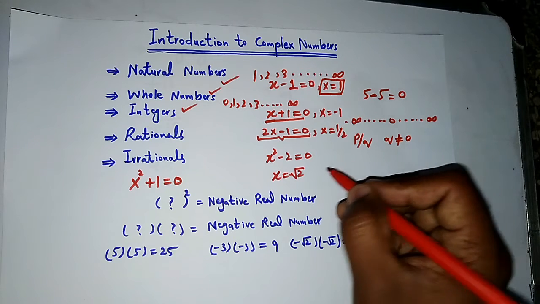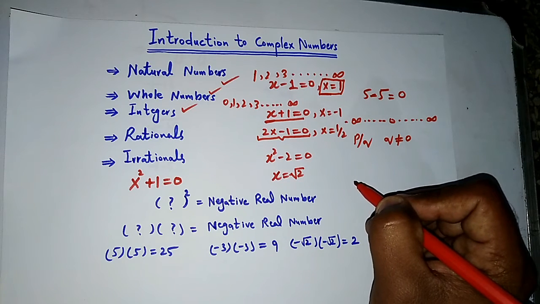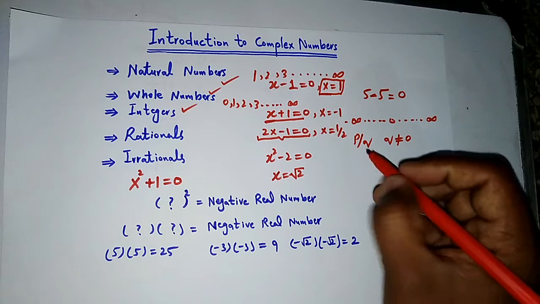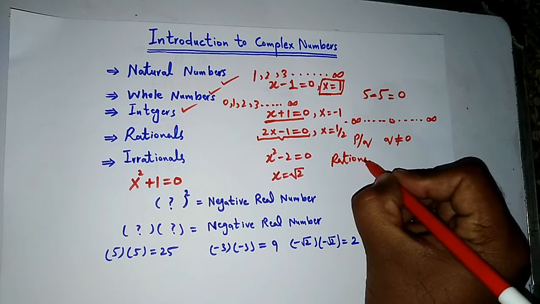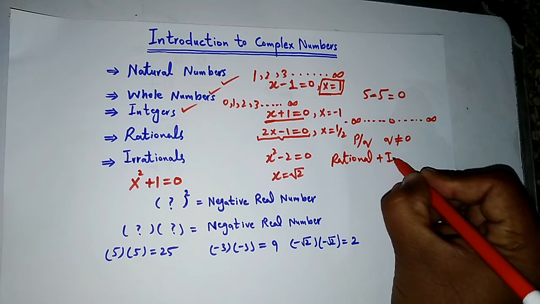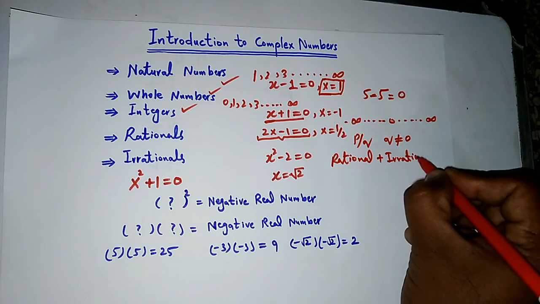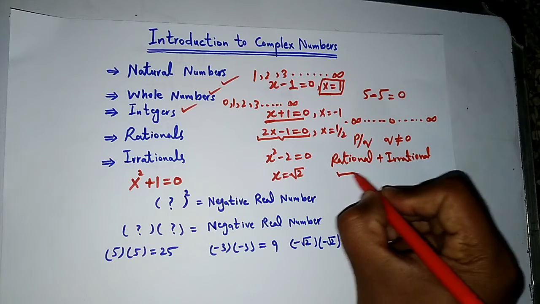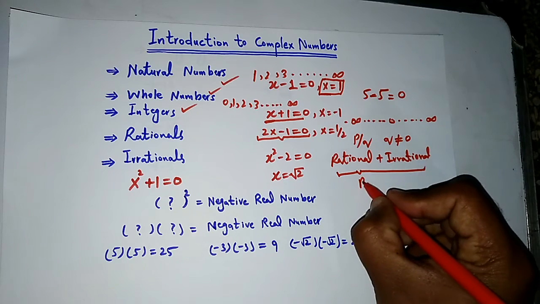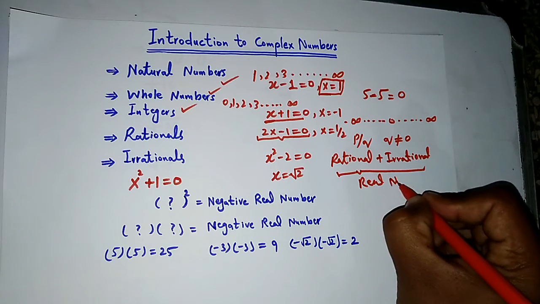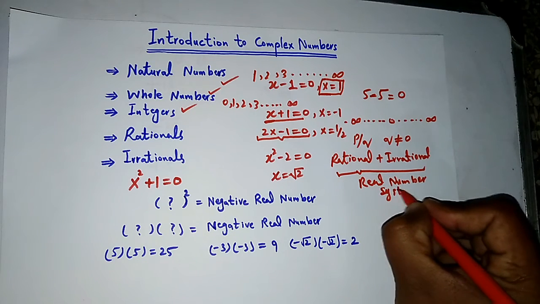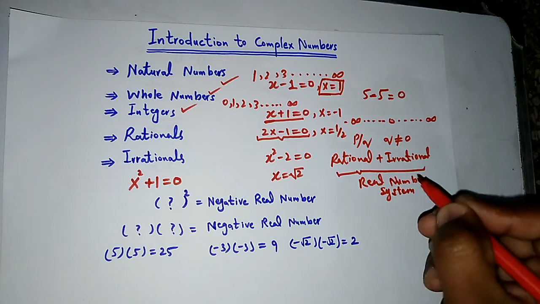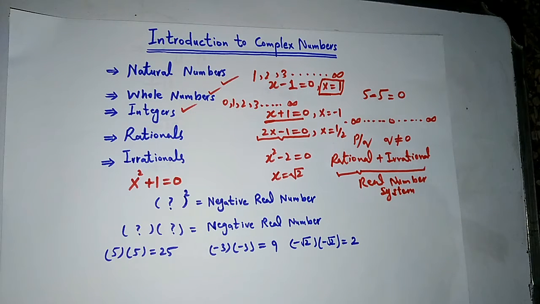So when we reached the irrational number system, we finally said that the sum of rational and irrational numbers is called the real number system. So this is how we completed the journey of the real number system.